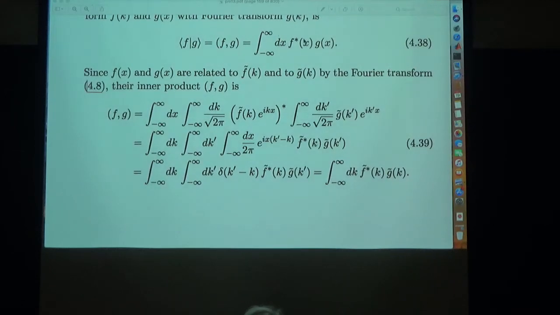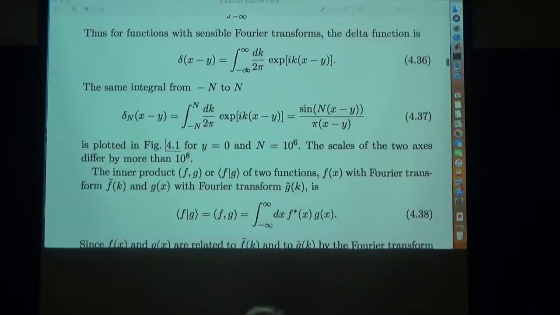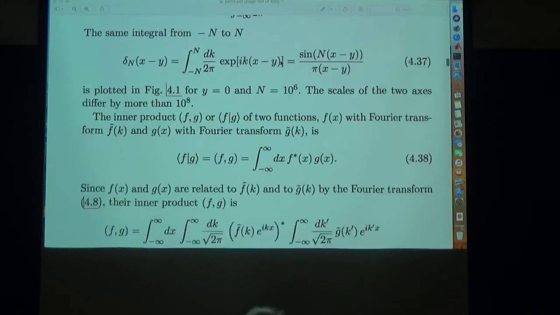So let's write this in a product formula in terms of the Fourier transforms of the two functions. It's an integral over x of one Fourier transform times another. We multiply them together, and we see we have here an integral over x of e to the i (k prime minus k) x, but that's just our delta function formula with x and k interchanged.